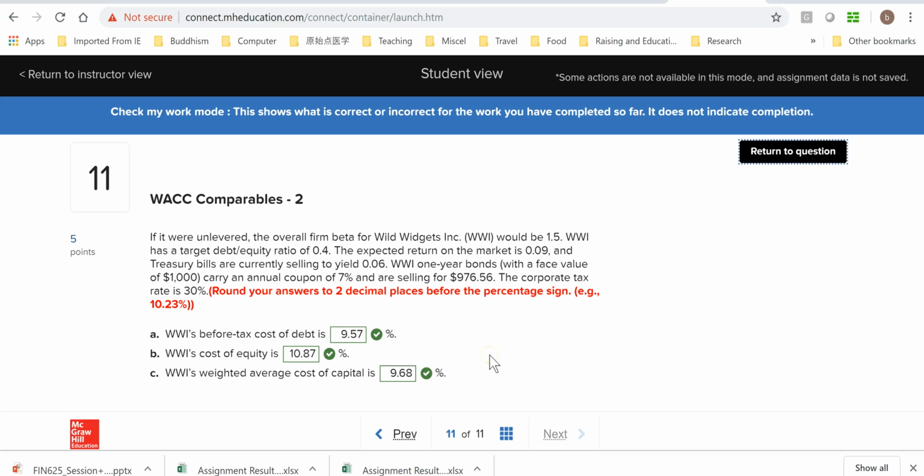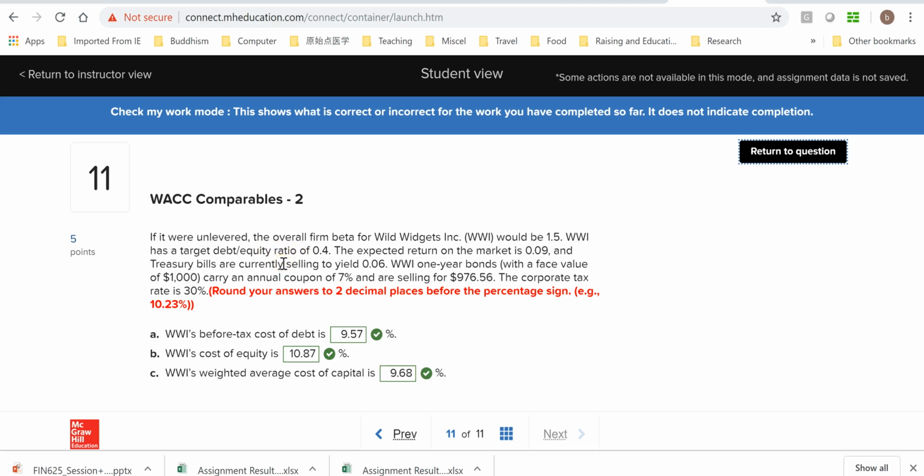Okay, we got every answer right. So this is another question where, even though we don't have a comparable firm here, we have to do the relevering because we know the unlevered equity beta, but we don't know the equity beta under the firm's current or target capital structure.